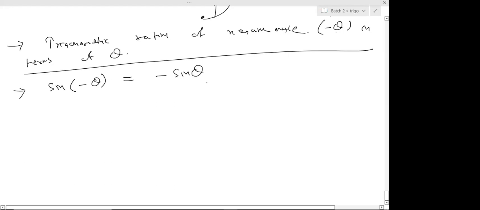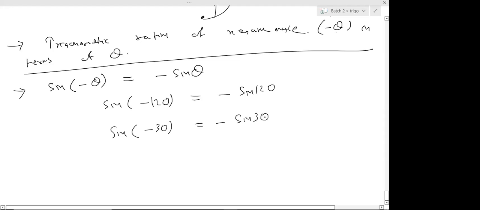All right, what this means is if you have sine of minus 120 degree, you can write this as minus of sine 120 degree. If you have sine of negative 30 degree, you can write this as negative of sine 30 degree.